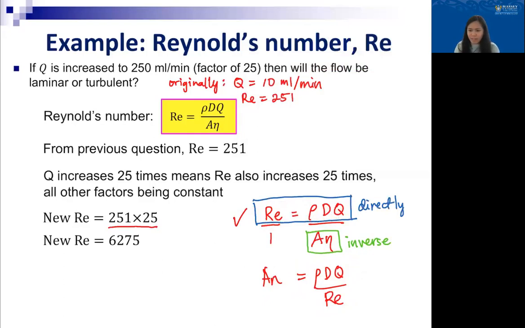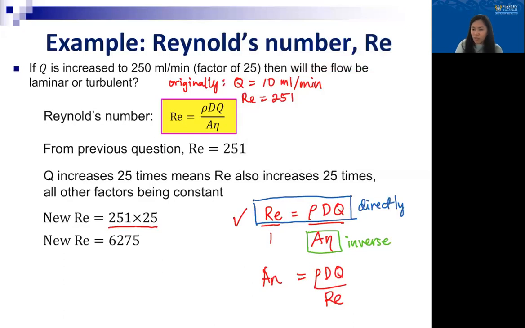I hope that's clear. I'm not sure if that makes sense. So direct proportional means Reynolds goes up, then rho d goes up.